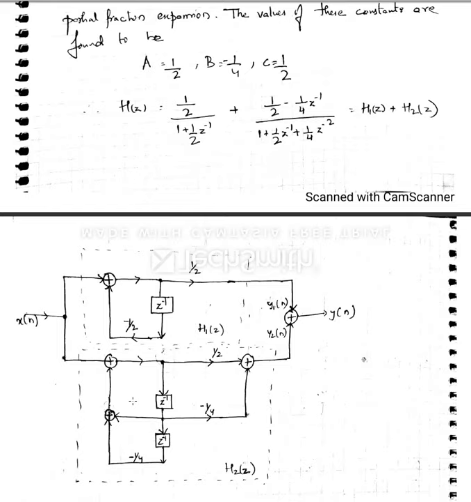It should be minus 1 by 2 here. Similarly, 1 by 4 you have, so you have your minus 1 by 4 after 2 delay elements.